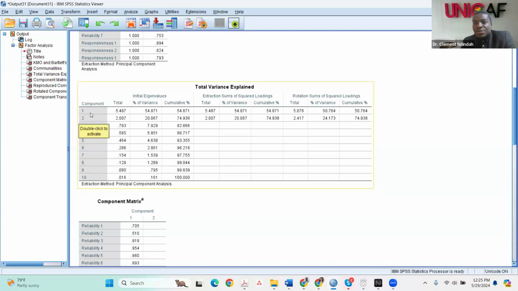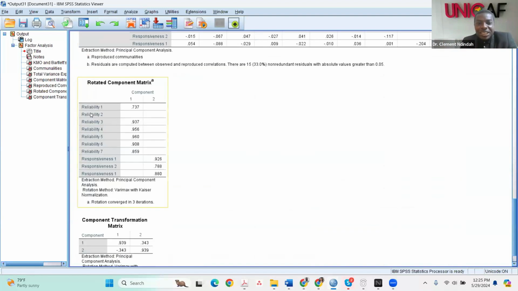We can create two factors, to use the technical word, out of the 10 variables we initially had from our literature. It shows us that we can group the reliability variables into one group, and we can have another group that captures these last three variables.